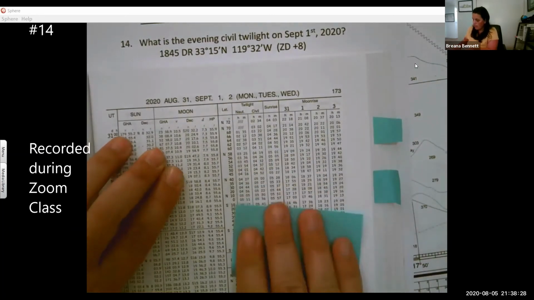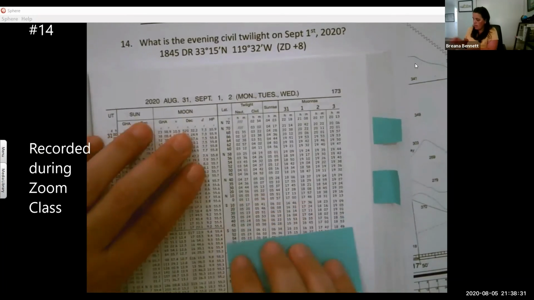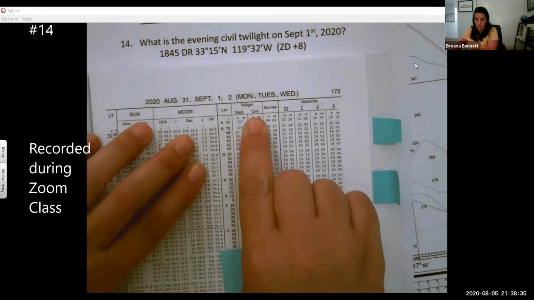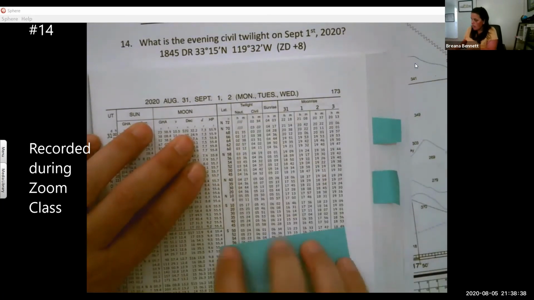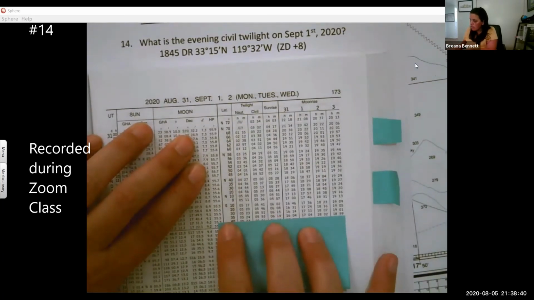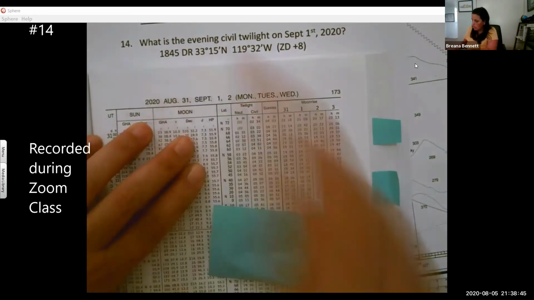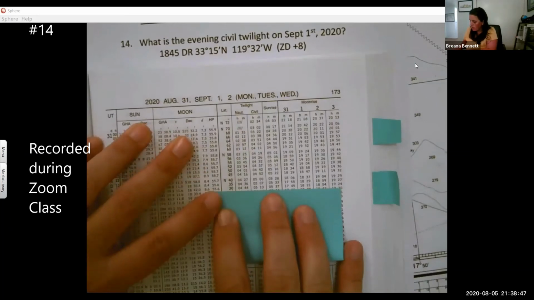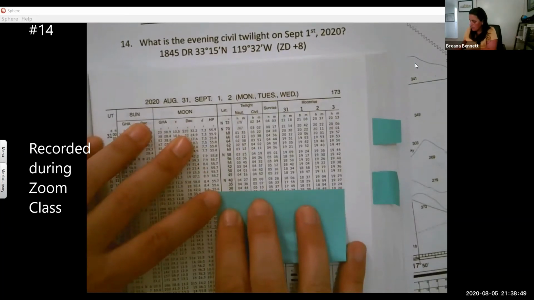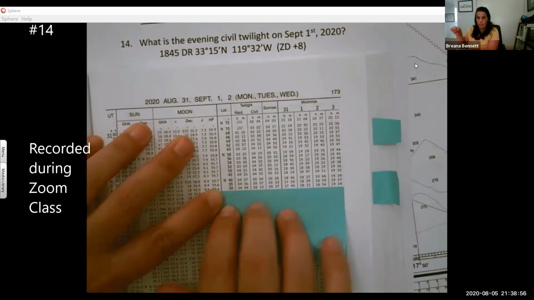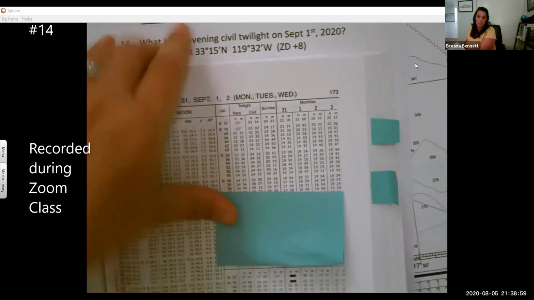So we're in the top half, and I want to find what time my civil twilight is, for my latitude of about 33:15. If I have 30, I'm going to be at about 5:13. But I'm going to put this in that form of my interpolation table, or my sandwich table, if you will.